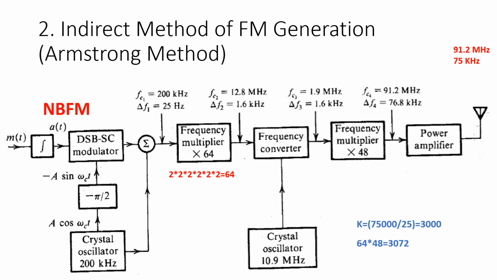The next multiplier is of value 48 and it is implemented with the help of 3 frequency doubler circuits and 1 tripler circuit. The output of this multiplier contains a carrier of 91.2 megahertz and deviation of 76.8 kilohertz. Finally, after power amplification, the signal is sent out.